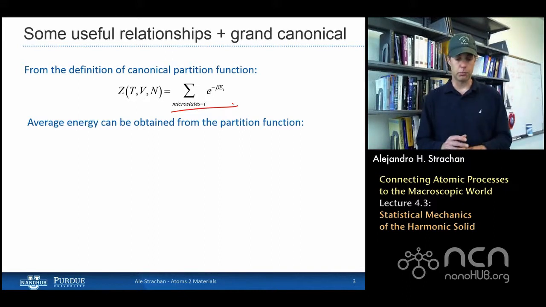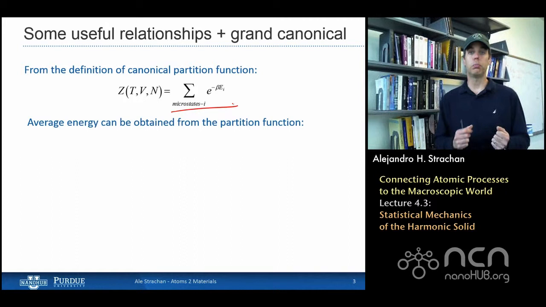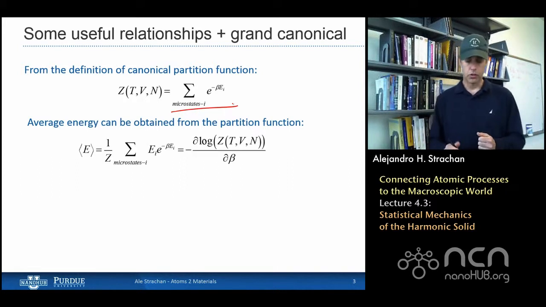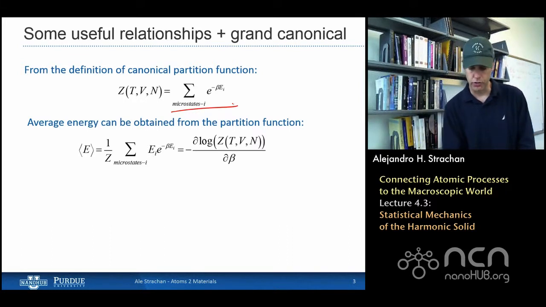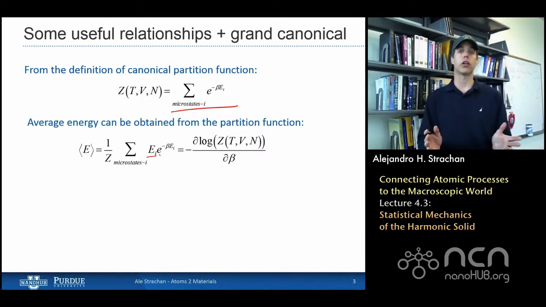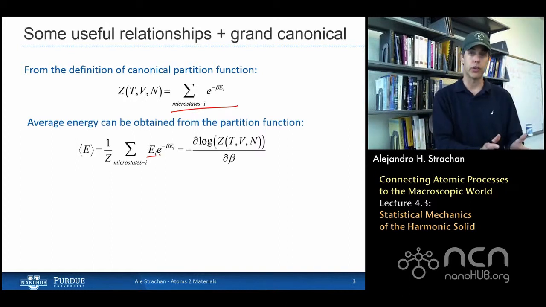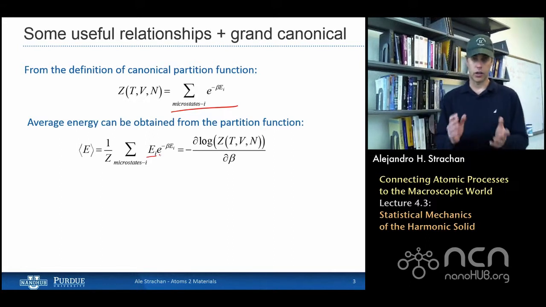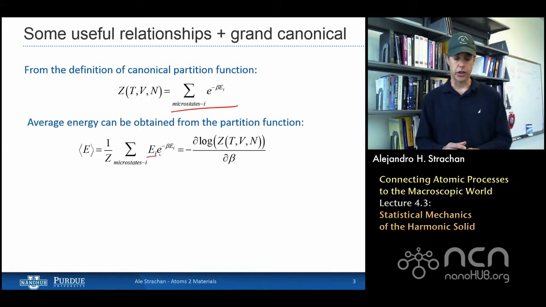From that definition, we can compute the average energy of the system. The definition of average energy of a system is the sum over all microscopic states of the energy of that state times the probability of that microscopic state.